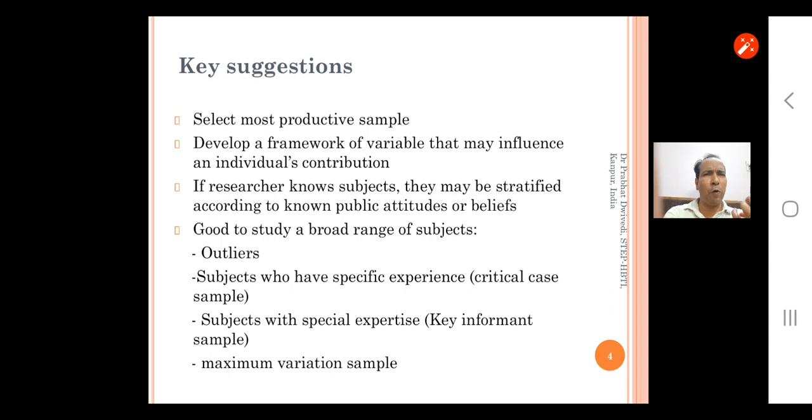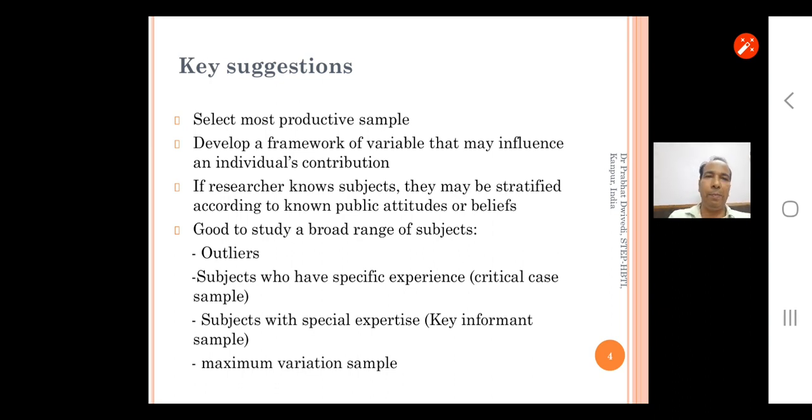Before designing the research protocol and data collection protocol, we have to find out the variables and build up a framework of variables which may influence an individual's contribution. On the basis of the framework of variables, we select respondents in our sample. So prior to going for the in-depth interview, we have to build up a framework of variables.